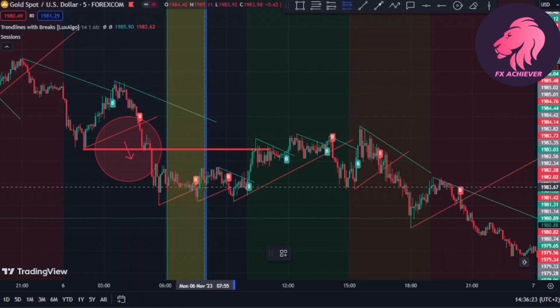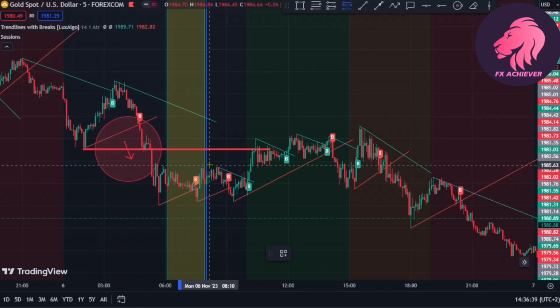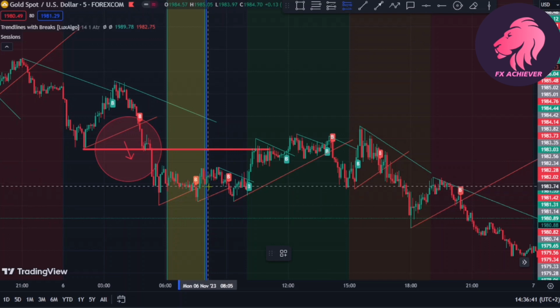I will actually look for a closure of red candlesticks. So my session begins like here, but as it begins, I'm seeing green candlesticks here, and after some time I get a red candlestick.